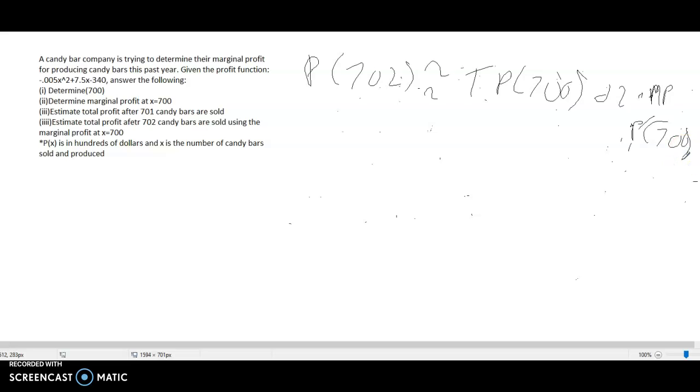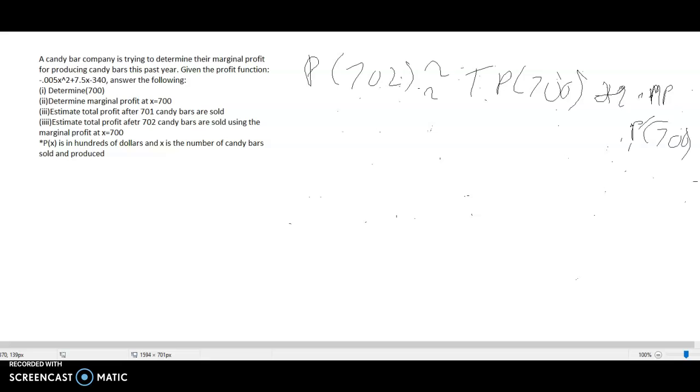It is 2 because we were looking for the 701st item before, but now if it's 702, it's 1 more. That's why we add the 2.